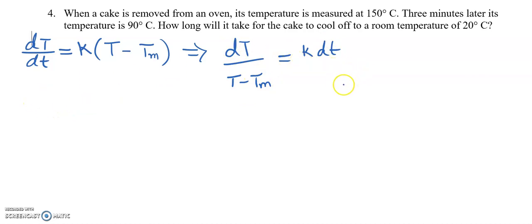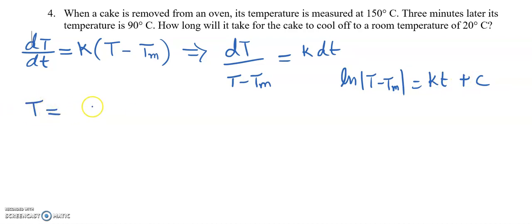Taking the integration of both sides, T minus Tm will be equal to kt plus C, or if we simplify, T will be equal to Tm plus C times e to the power kt.